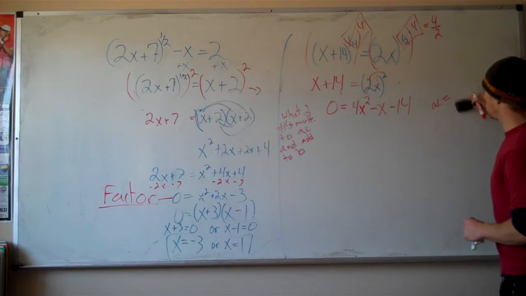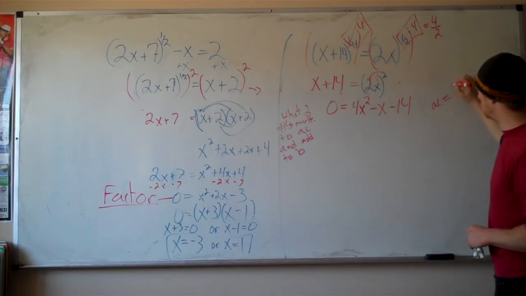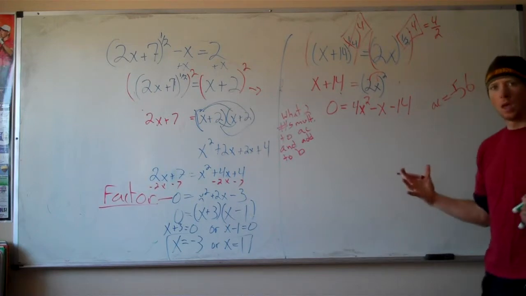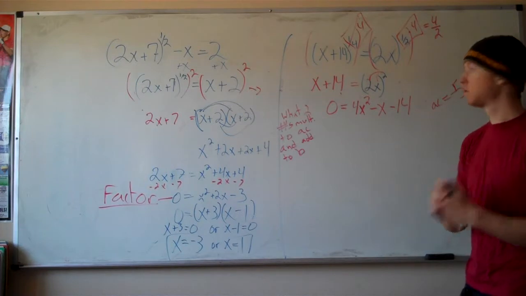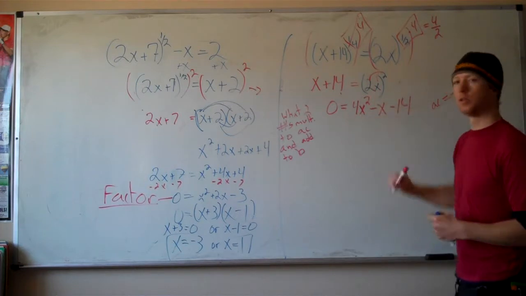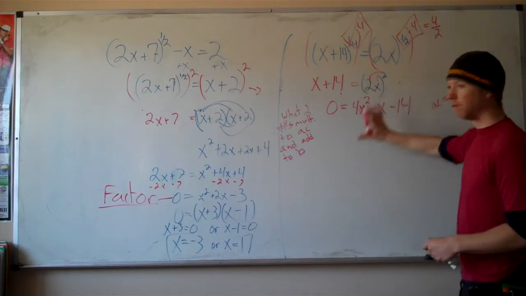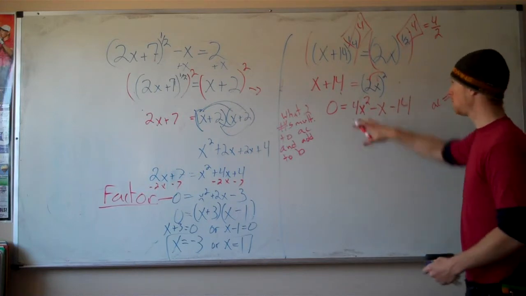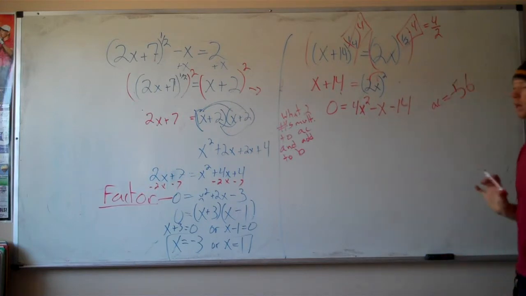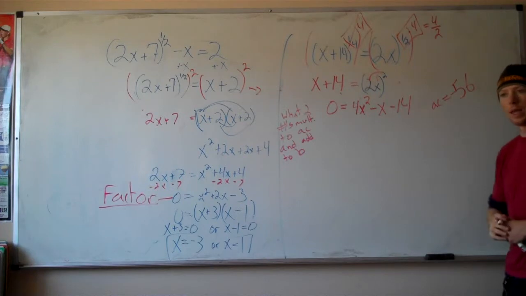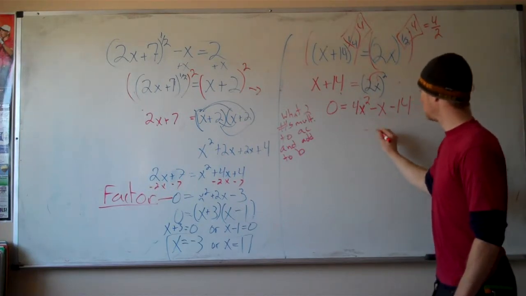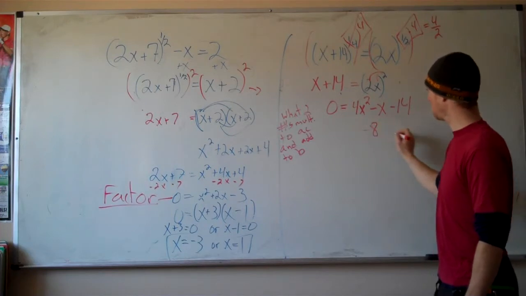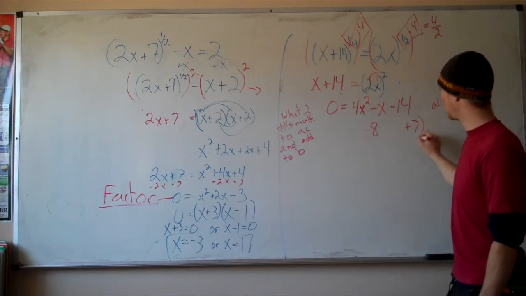That will change my AC to -56. Again, that's probably the area where most people will get caught on this problem. They'll see this and they'll say it's 2x squared. We've now fixed the common problem. We're going to go back to here and talk about this. What two numbers multiply to -56 and add to -1? Those numbers happen to be -8 and +7.